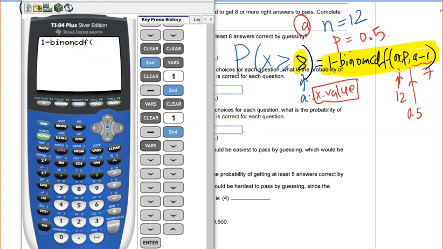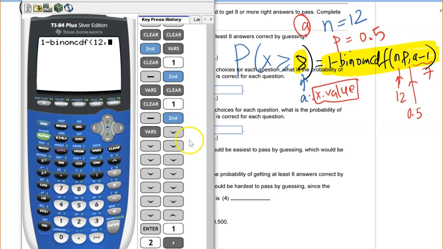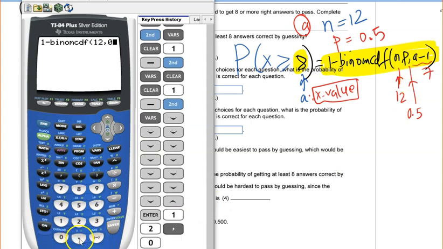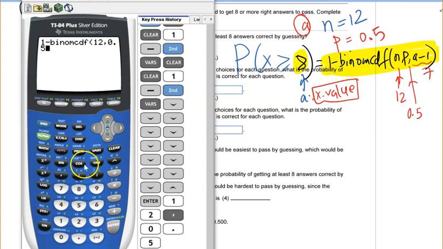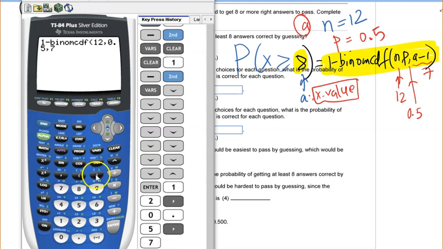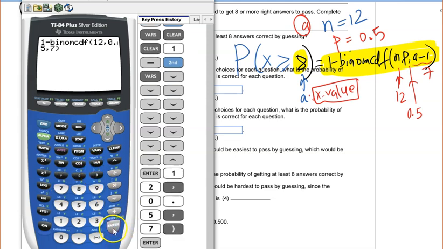You type the value of n, which is 12, comma, the probability of success, 0.5, comma, and a minus 1, which is 7, and close the parenthesis and press enter, and you get 0.193847.